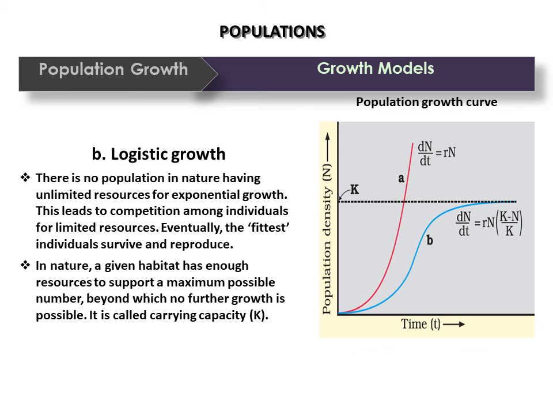In nature, a given habitat has enough resources to support a maximum possible number. So see, whenever there is a new forest, and one particular population comes into the forest, in the starting they will have exponential growth, but exponential growth logically is not possible, because there will be a point where your resources will end. So in every habitat, you will have a maximum possible number, and that maximum possible number is denoted by K. So that is what carrying capacity is.